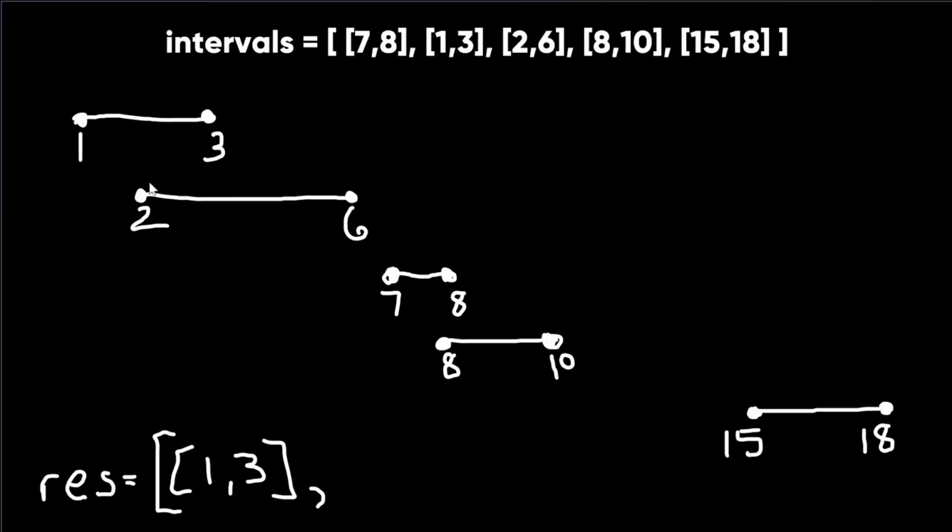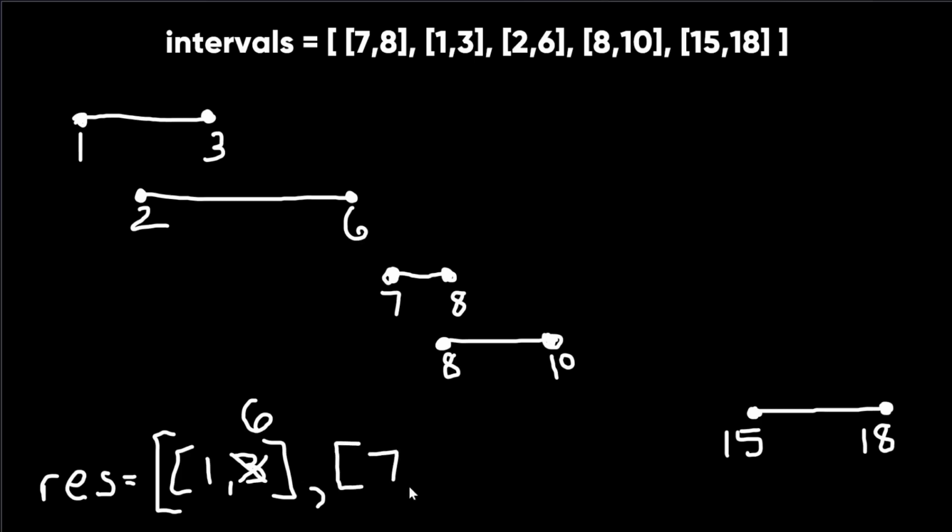So what you want to do is take the starting point of the last interval and the endpoint of the current interval, and merge them. Once you do that, you can update the res, and this 3 will become a 6. Moving on, we go to 7, 8.